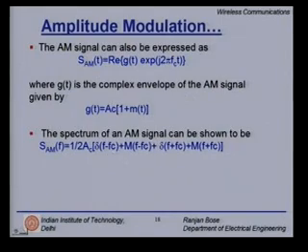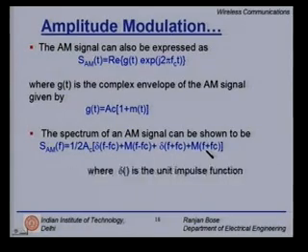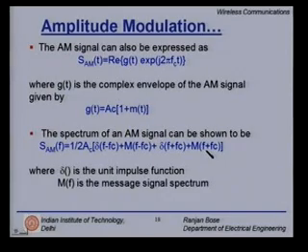As you can see here, there is a delta function at the carrier frequency plus the Fourier transform of the message signal at the plus and minus f_c levels. Delta is the unit impulse function, M(f) is the message signal spectrum. Very simple depiction of the frequency domain AM signal.